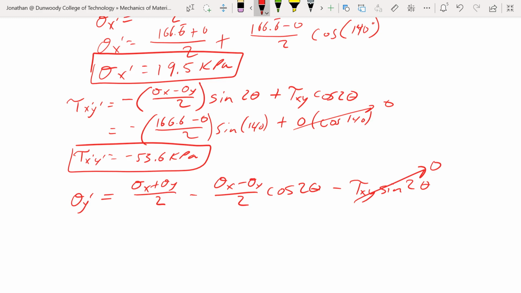We get here 166.6 plus 0 over 2 minus 166.6 over 2 times cosine of 140. So here this becomes 83, the total thing becomes 64. Sigma y prime is 147 kilopascals.